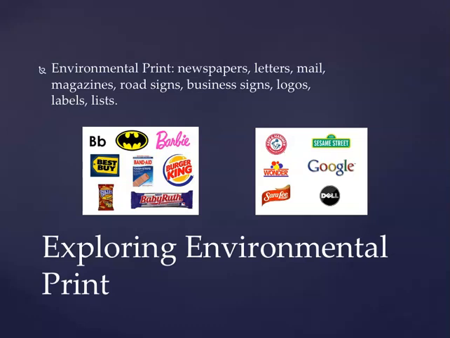They know what it means. So they're starting, through engaging with environmental print, to recognize that symbols and letters are symbols, convey meaning, right? And this is really important because ultimately literacy is about producing meaning, conveying meaning, and comprehending or understanding meaning.